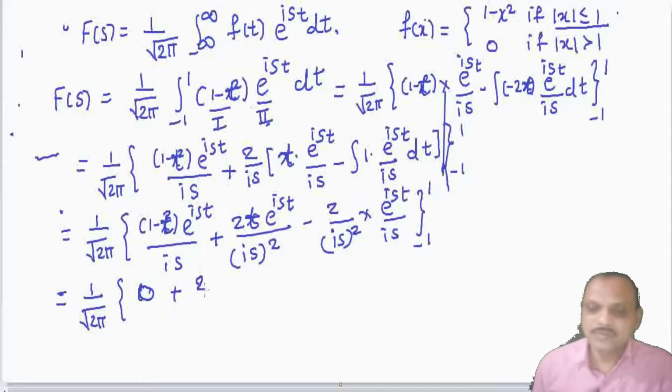Plus 2 divided by, at t equal to 1, e raised to is divided by is whole square, minus 2 into e raised to is divided by is whole cube.